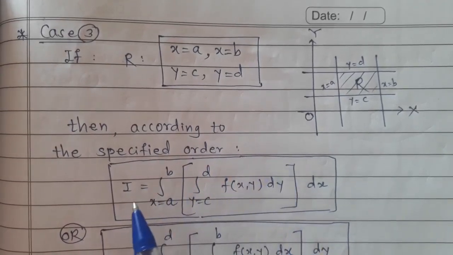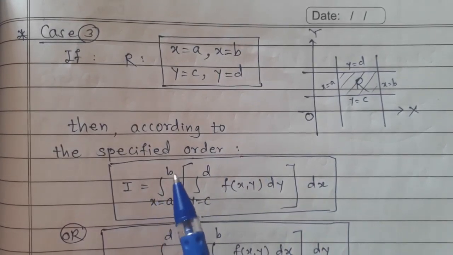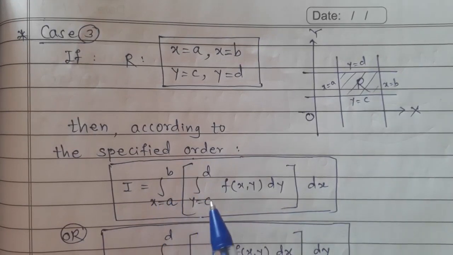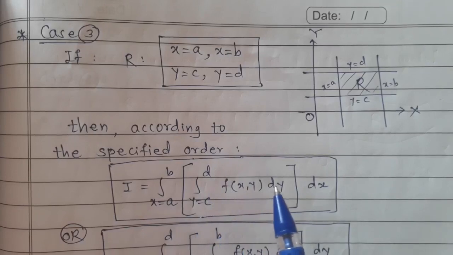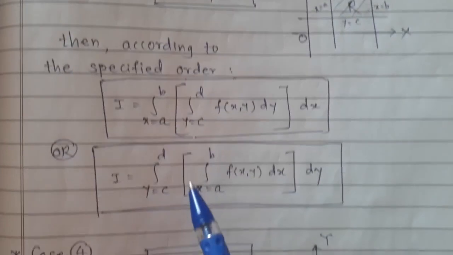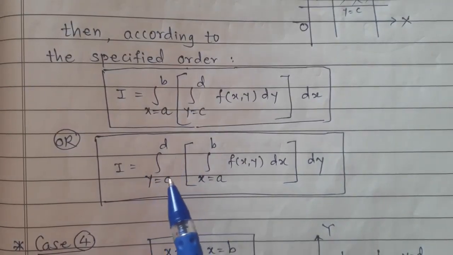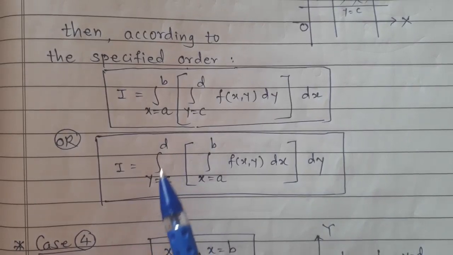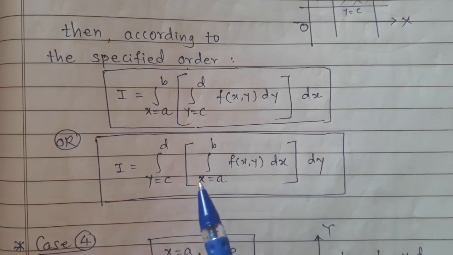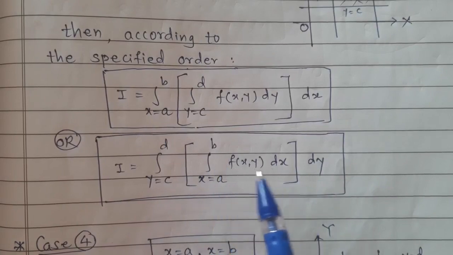So I will be equal to either integration x equal to a to b, limits of x outside, so dx outside, and integration y equal to c to d of f of xy dy, limits of y inside, therefore dy inside. Or it can be I equal to integration y equal to c to y equal to d, limits of y outside, therefore dy outside, and then integration x equal to a to b of f of xy dx, limits of x inside, so dx inside.